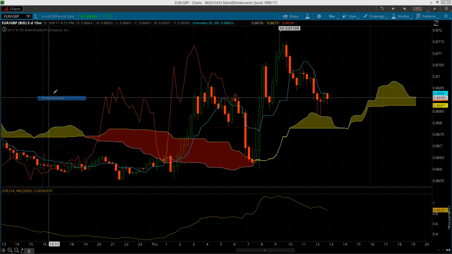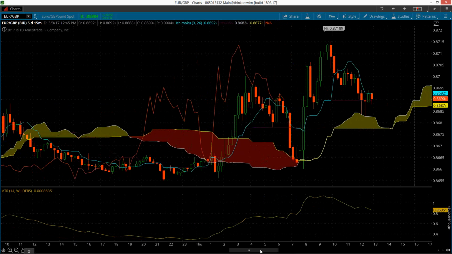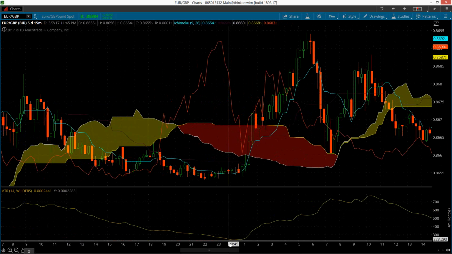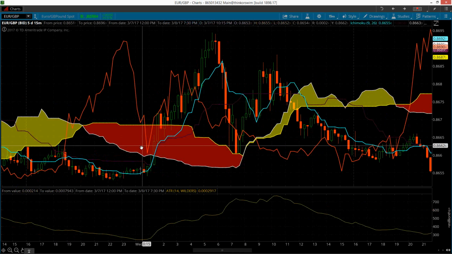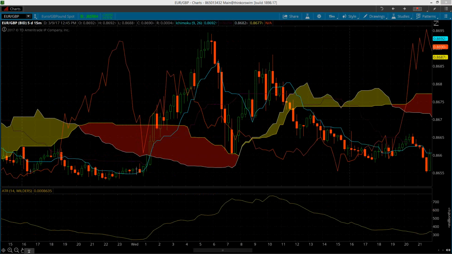But if we wanted to find a really strong breakout setup, I can go back, and the best setup on a breakout is something like this, right? Where we were below the cloud and we've broken above it, and it's come through a thick part of the cloud. It requires a lot more conviction from the market to get through this area of neutral price action and trend into bullish.